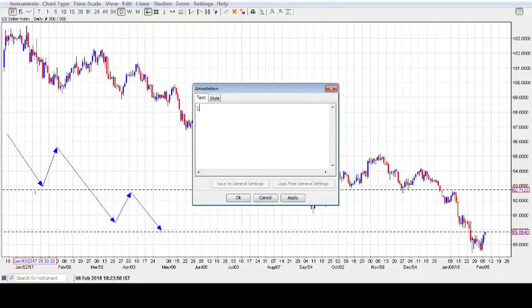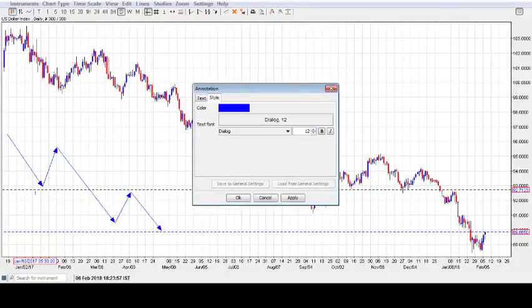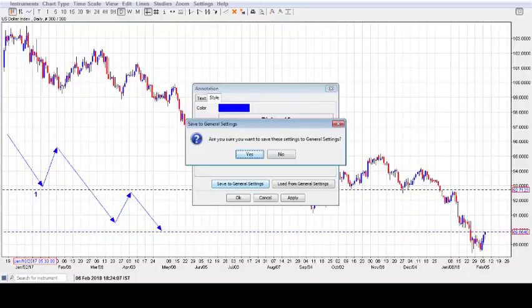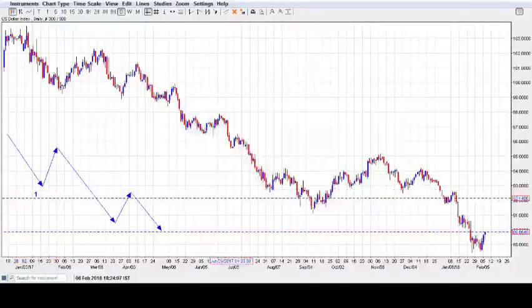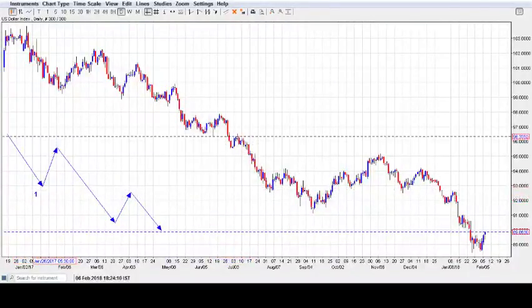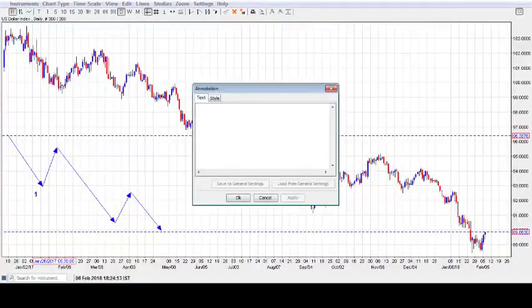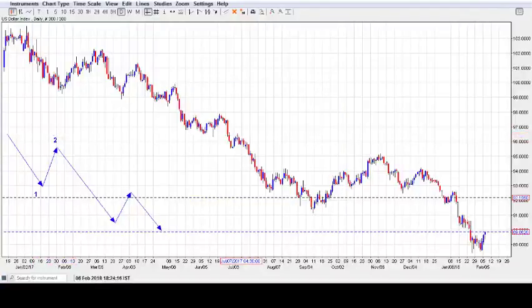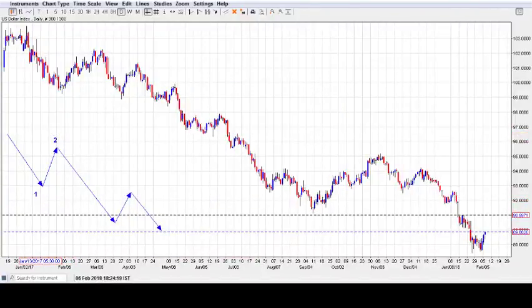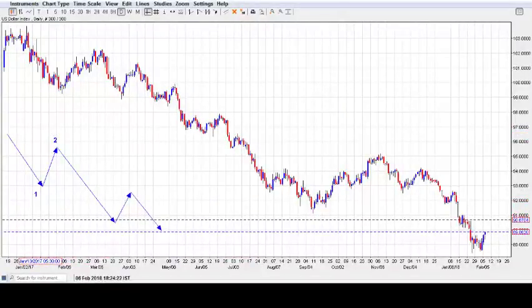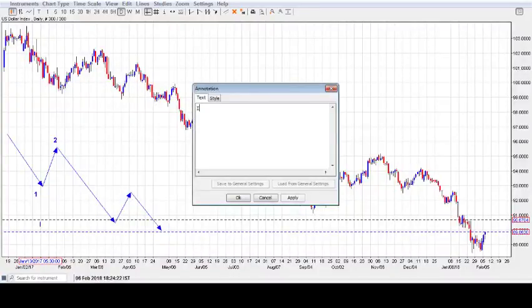We've got the first leg, or first wave, sorry. Please remember the motive wave could be an impulse or an ending diagonal. In this case, we are discussing an impulse.